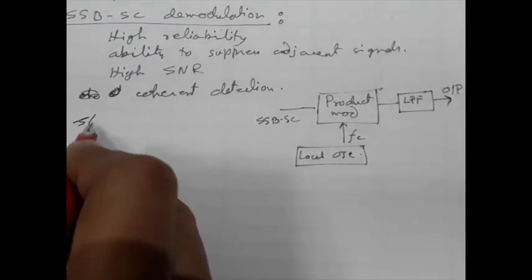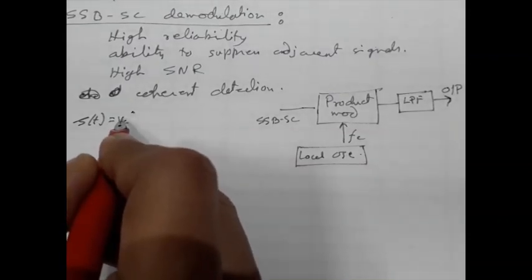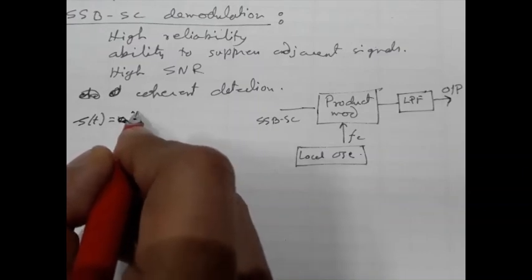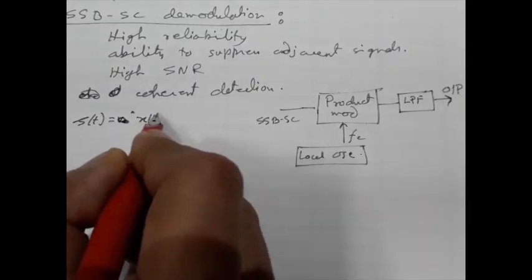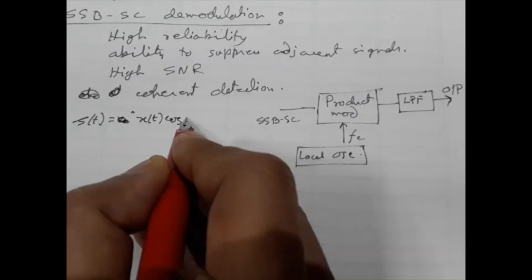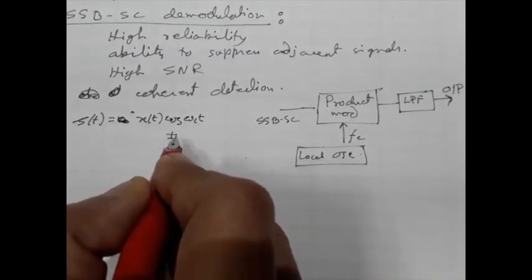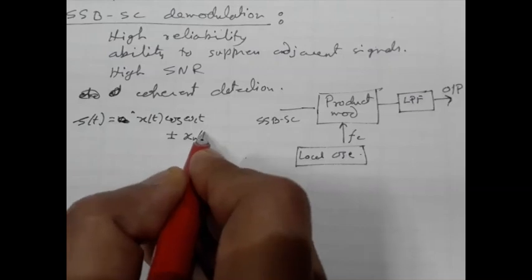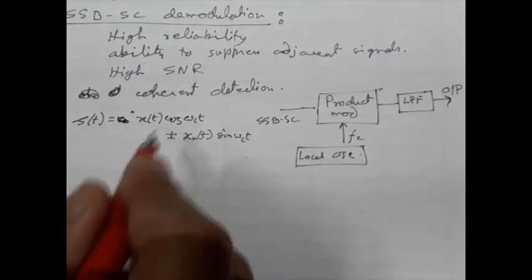So the SSB-SC signal can be written as, say, Vc. Let us eliminate this Vc. So simply x(t) cos omega c t plus minus x_h(t) sin omega c t. This is the SSB-SC signal.